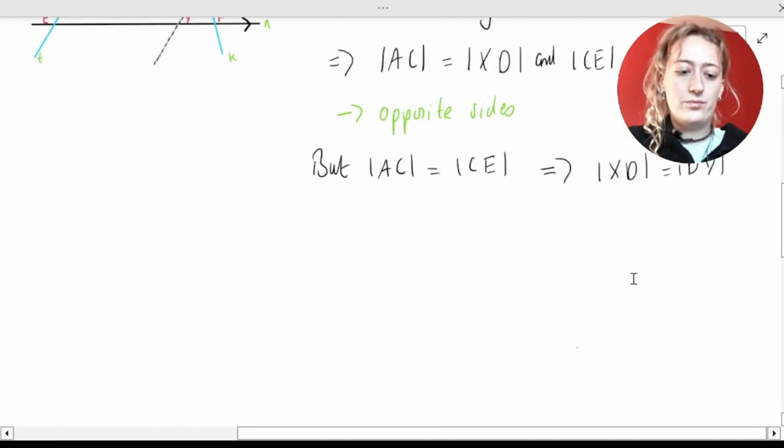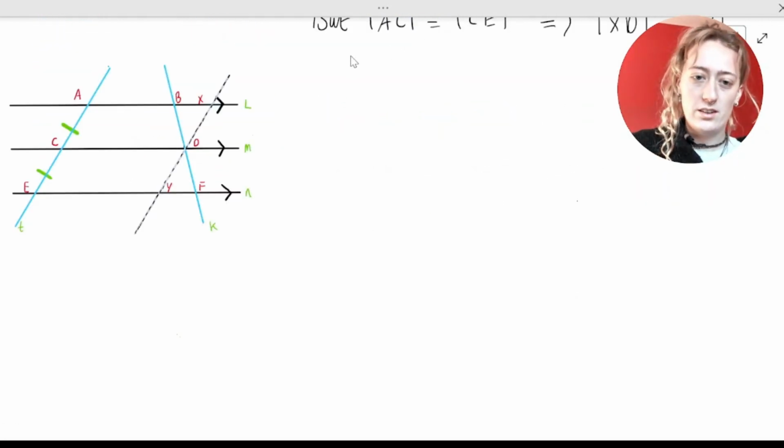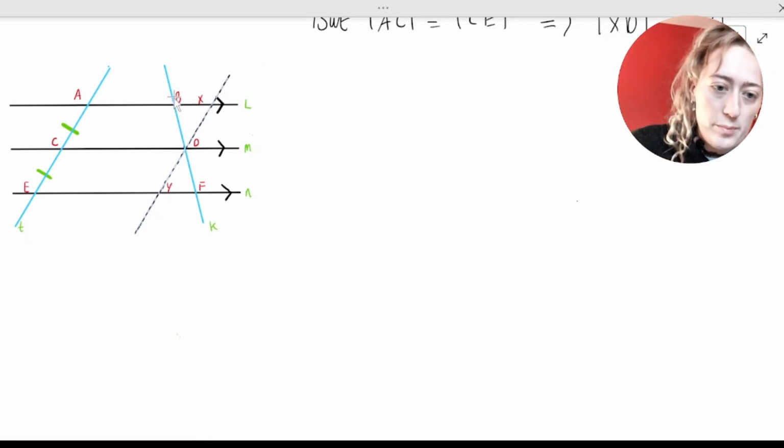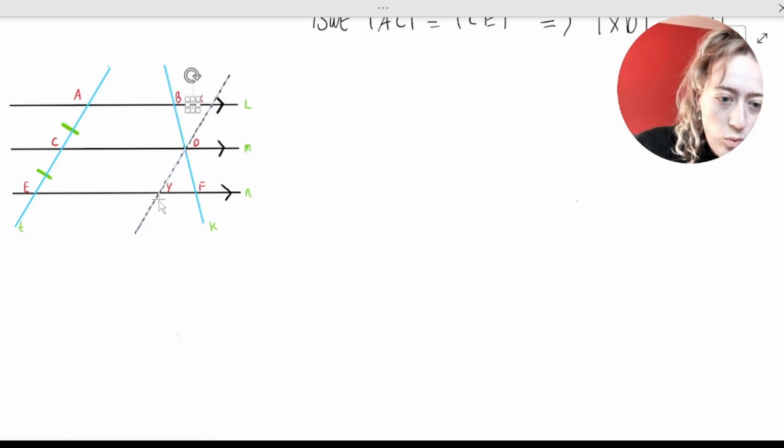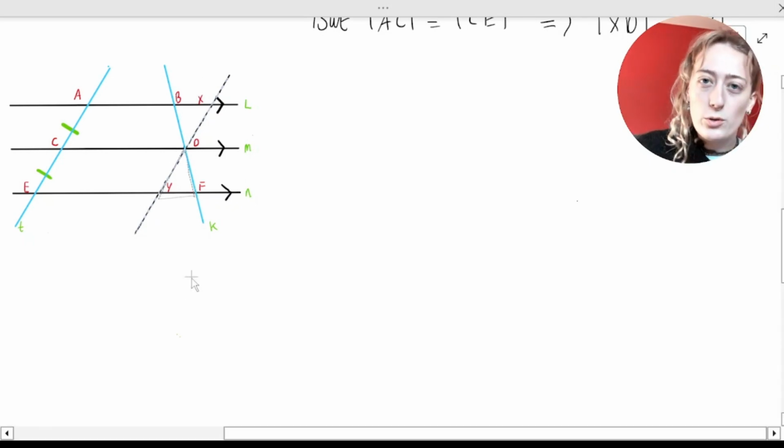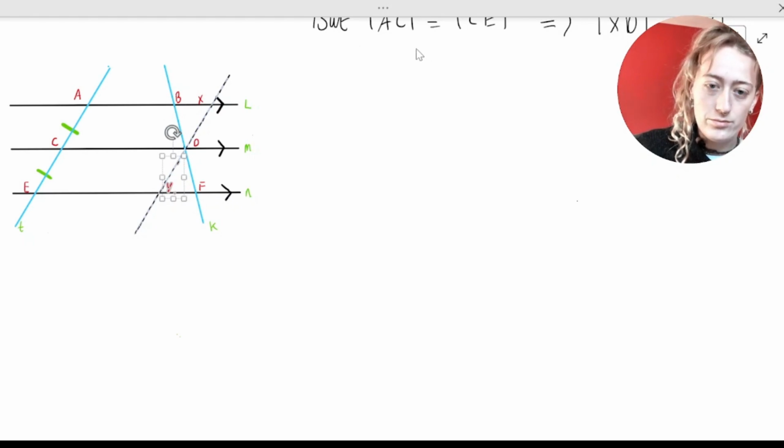Now, let's draw our attention to the following, okay? We have a triangle here, BDX forms a triangle. We can also see that YDF also forms a triangle, okay?